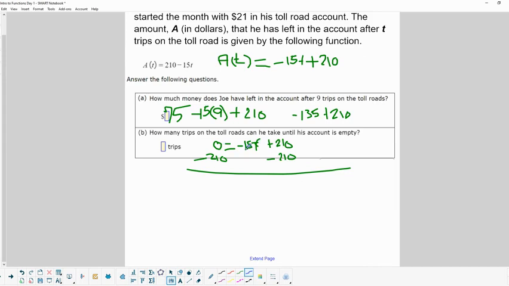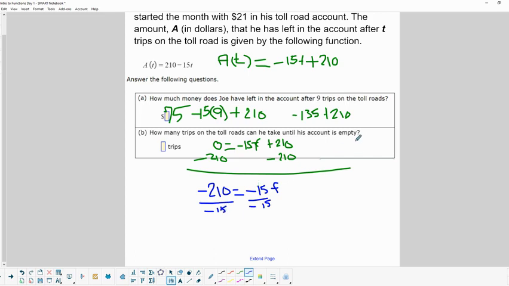So we end up with negative 210 on the left side equals negative 15t on the right side. And then we're going to divide by negative 15. And there we go.